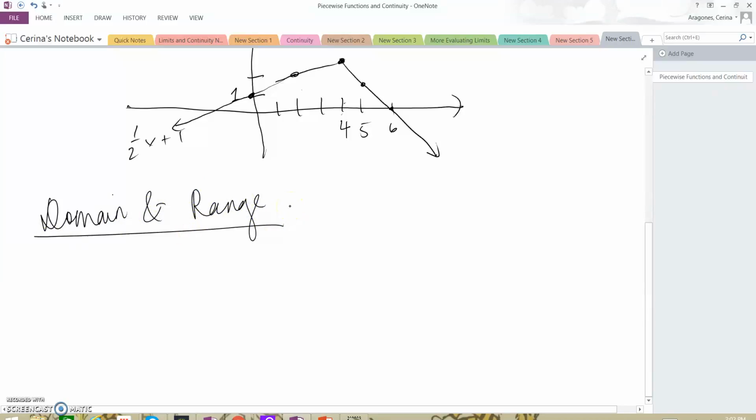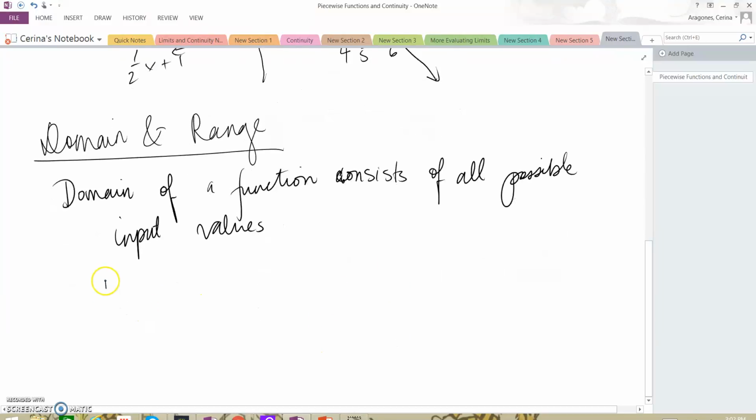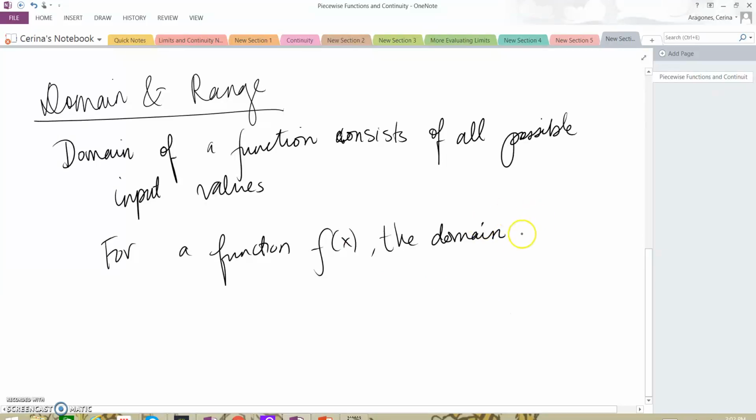So as I hope you remember, the domain of a function consists of all possible input. Okay, so what does that mean? For a function f of x, the domain is the set of all x's.